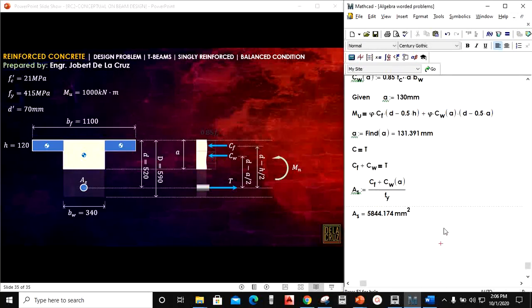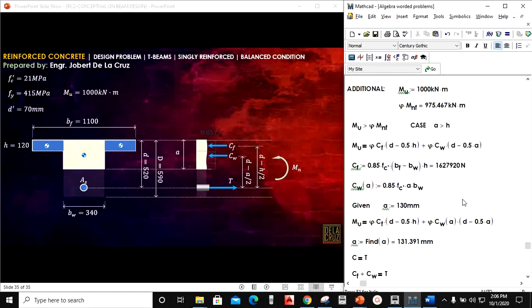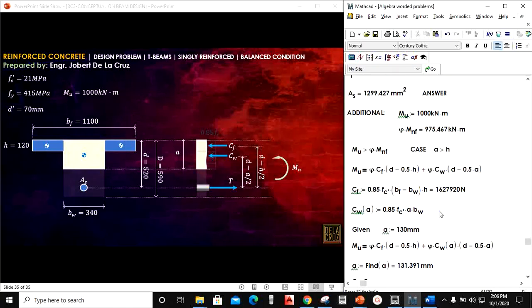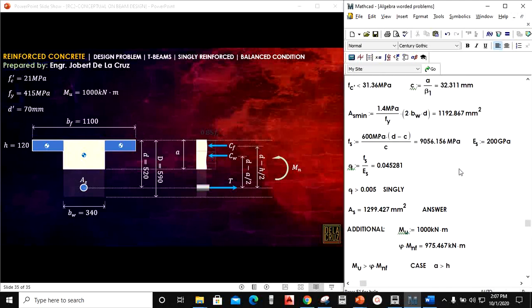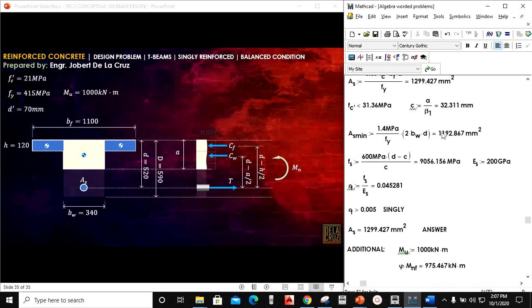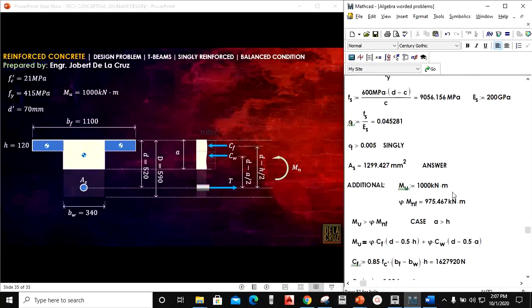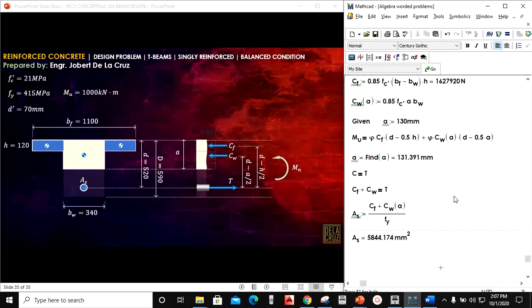Okay, so i-check pa natin. Of course, lumagpas talaga siya sa ating, what do we call this? Sa minimum, no? Lumagpas, of course, pinalakihan natin yung moment, mas lalaki yung ating area. Okay, ano yung minimum natin? Ito, this is our minimum. Okay? And our, i-check pa natin if this is singly or doubly. Okay?